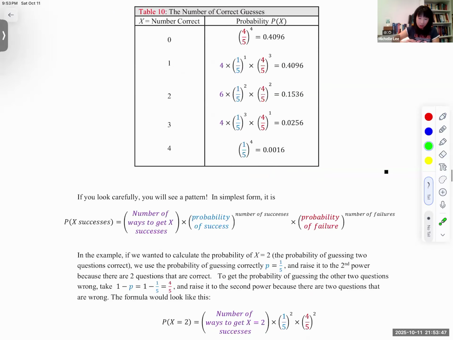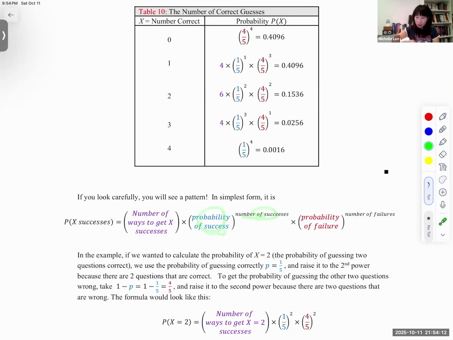So look, we can see the X successes, then number of ways to get X successes, right? Like 4, 6, 4 in the case, right? And multiply by probability of successes. And the number of successes, how many, right? So 1 or 2 or 3, right?